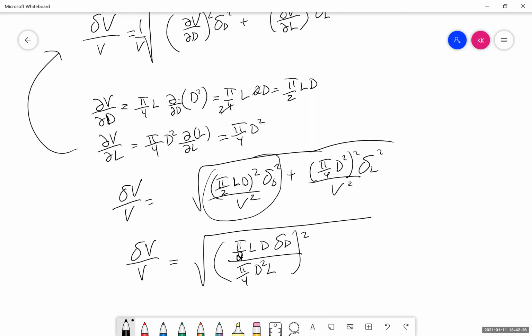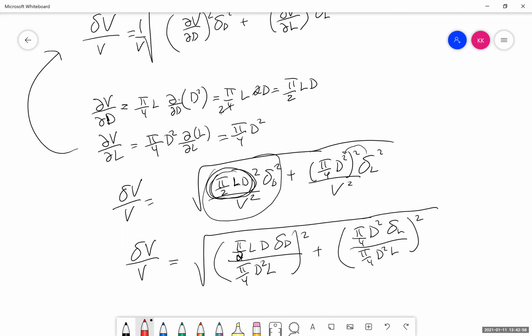And everything is then squared, so I'm basically putting everything together in one parenthesis, where this is the derivative of V with respect to D, and the bottom is just the volume. So then plus, I put again pi over 4 diameter squared, then put this one inside, sigma delta L, then divide by the volume, which is pi over 4 diameter squared L, and the whole thing is squared.